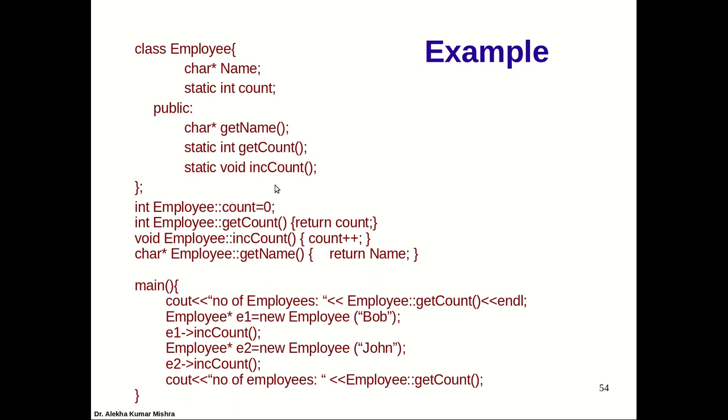Next comes the global initialization of a static variable, not declaration. Whenever we have a static data member, when the class is loaded, it needs to be initialized, because it will not be initialized by any constructor. We can change the values using a static member function, but it needs to be initialized.